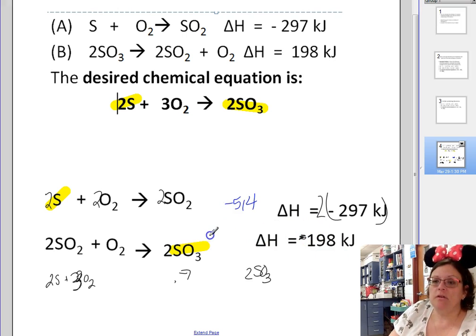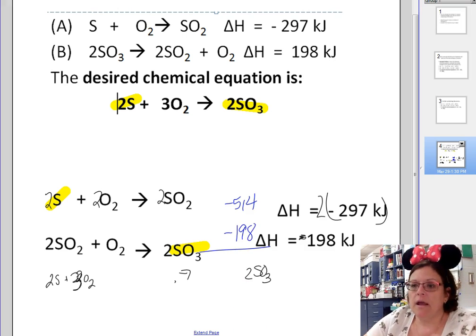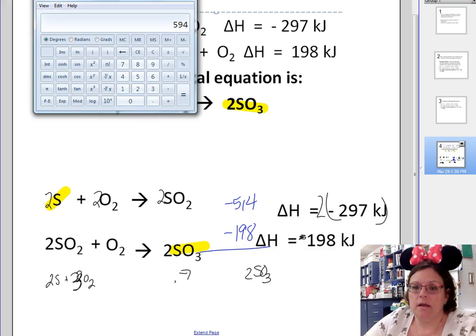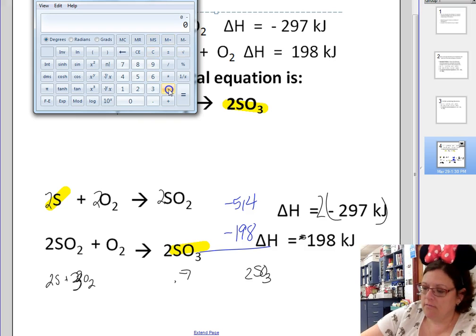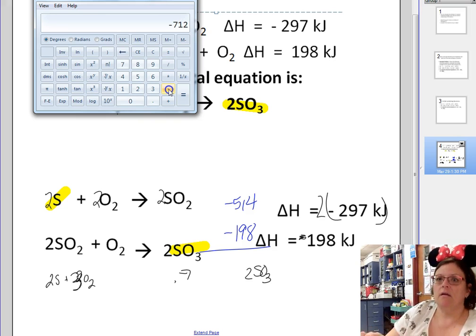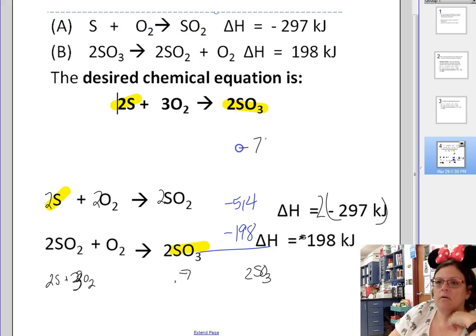We don't have to do anything to this one except it's already negative. We changed it to negative. So now we're going to add negative 514 plus negative 198. So I'm going to do negative 514 minus 198, negative 712 kilojoules per mole.